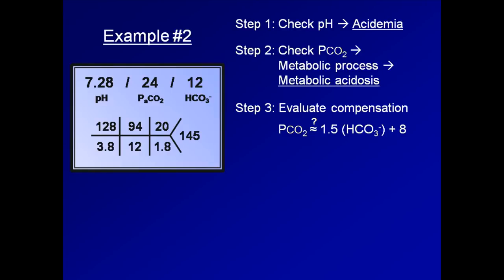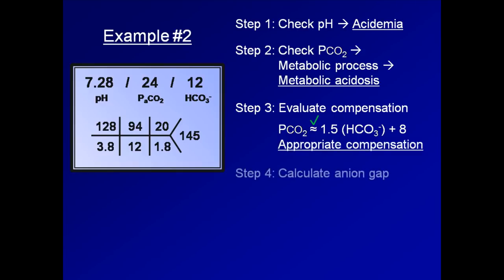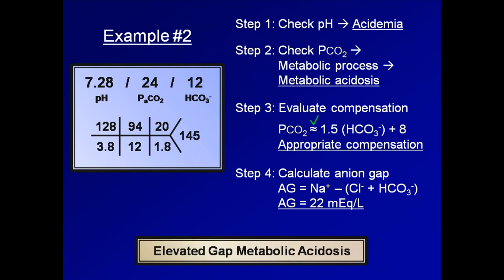Does the PCO2 of 24 approximately equal 1.5 times 12 plus 8? It's close enough to call good. Thus, compensation is appropriate. Our anion gap again is sodium minus the sum of chloride and bicarb. So 128 minus the sum of 94 and 12, which is 22. Thus, this patient has an elevated gap metabolic acidosis.